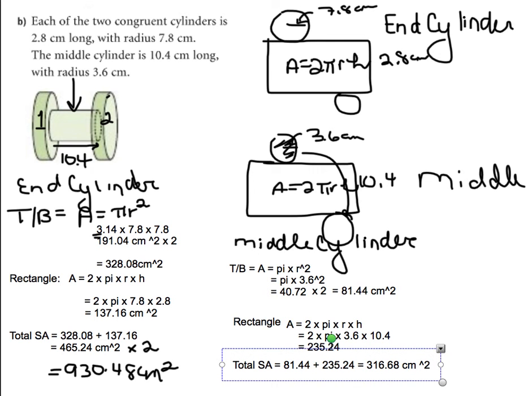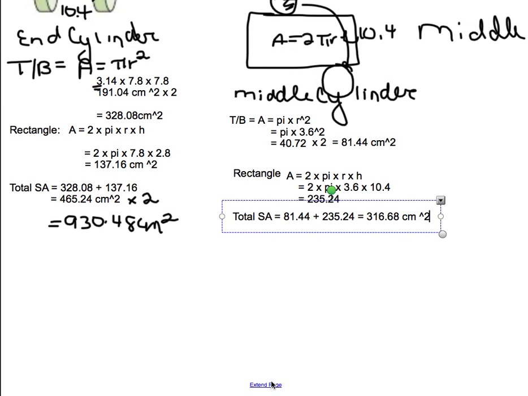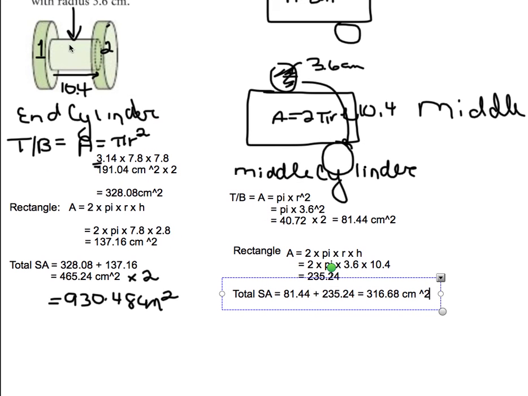Okay. Now let's just extend this page a little bit. So now we've found all three surface areas. 930.48 is the total surface area of 1 and 2, and 316.68 is the surface area of the middle.